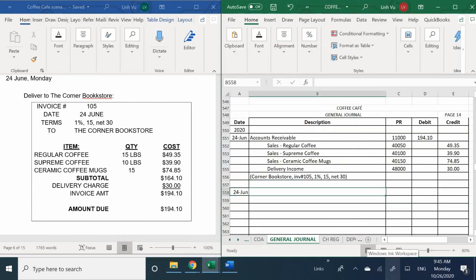All right. Cost regular coffee. Cost supreme coffee. And regular coffee, supreme coffee.